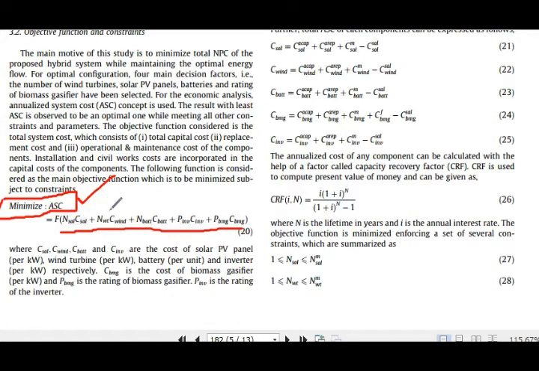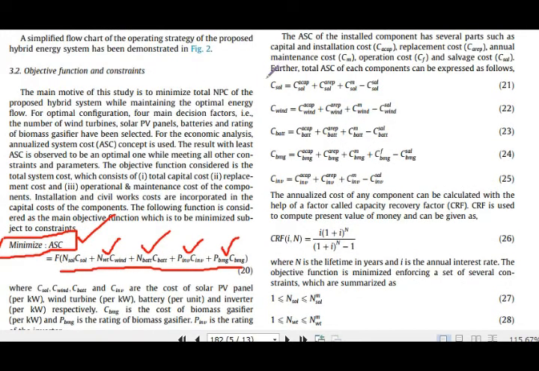Solar is the number of solar modules, wind is the number of wind modules, then the number of battery units, power of the inverter, and power of the DG or biomass, whatever you have, and these individual cost factors are calculated here, and these include the capital costs, replacement costs, operation and maintenance costs, and then salvage cost. So all these modules have these.